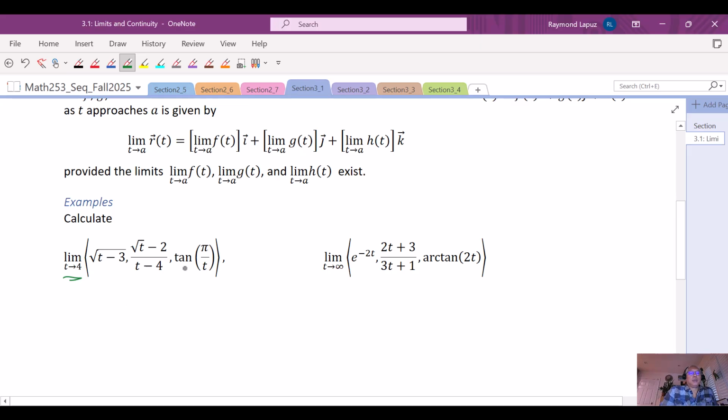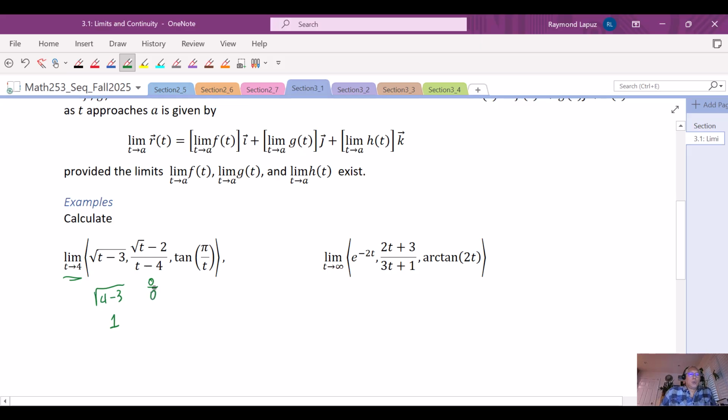Now, usually what we would do when we do limits is put a 4 in. So let's imagine putting a 4 in. This is going to be the square root of 4 minus 3, so that's just equal to 1. That's no issue. This one is going to give us a little bit of an issue, because root 4 is going to be 2. 2 minus 2 on top is 0, and the bottom is also going to be 0.